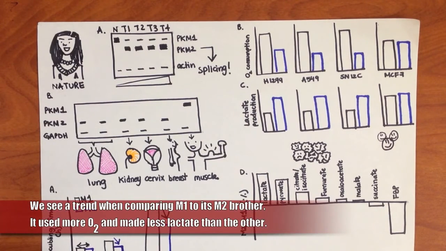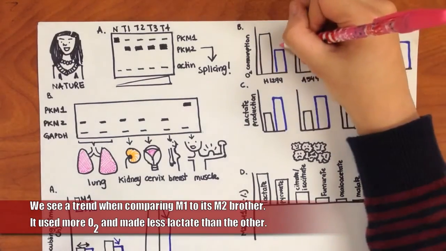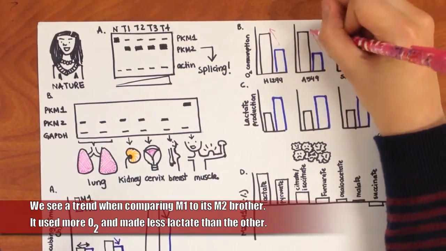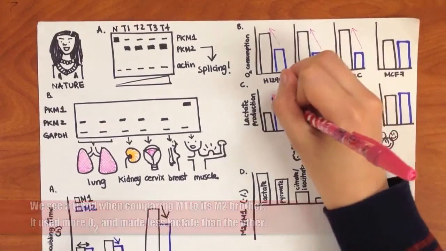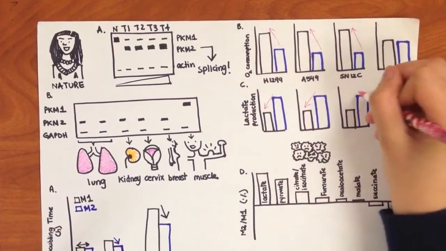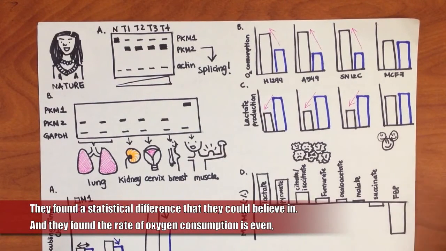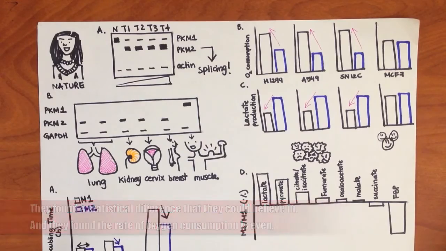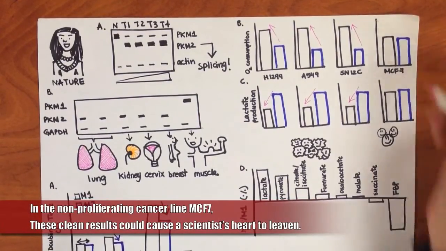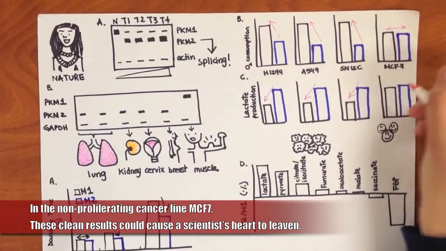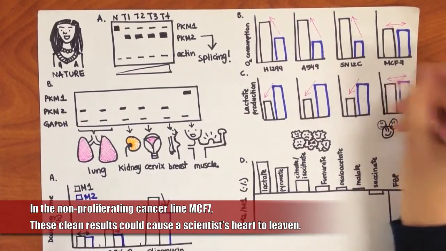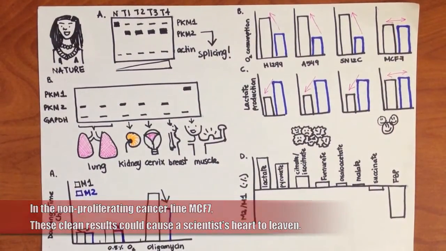We see a trend when comparing M1 to its M2 brother. It used more O2 and made less lactate than the other. They found a statistical difference that they could believe in, and they found the rate of oxygen consumption is even in the non-proliferating cancer cell line, MCF7. These clean results could cause a scientist's heart to leaven.